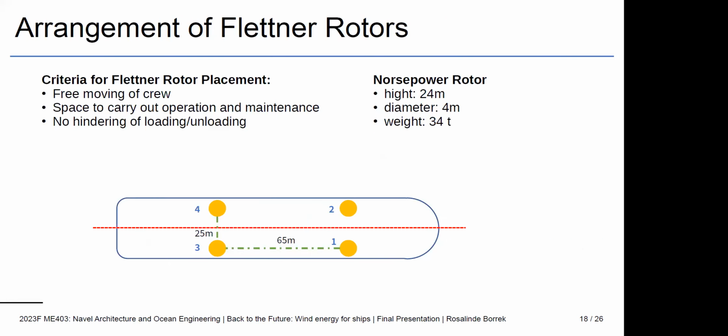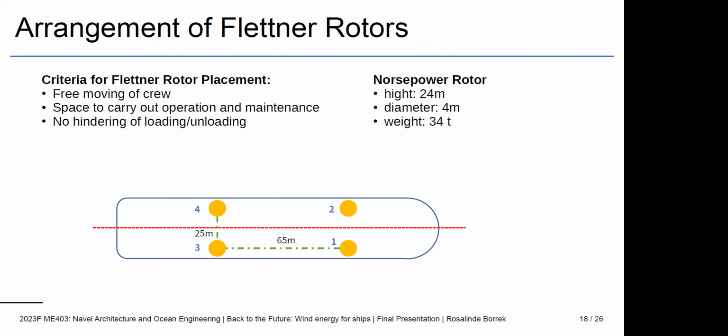Now we have the values for one rotor. Now we need to decide, okay, where do we want to put the rotors and how many do we want? There you have to keep in mind that the crew must still be able to move around the ship, and operations, maintenance, loading and unloading still need to be able to be conducted. For Flettner rotors, four is quite much.